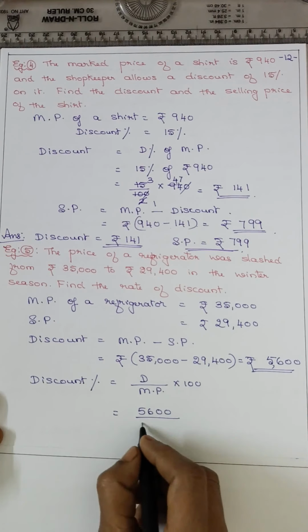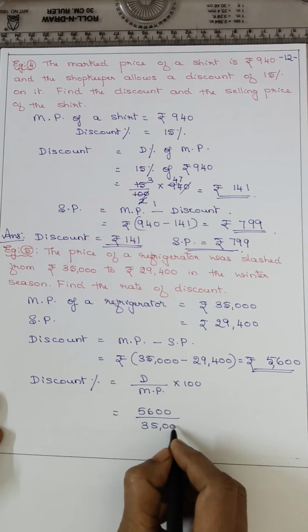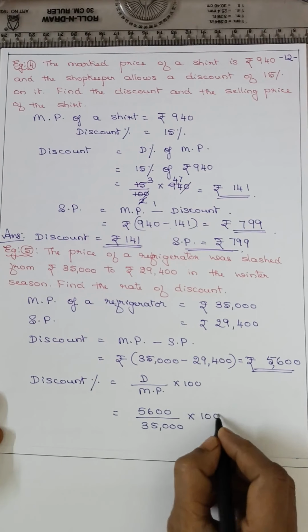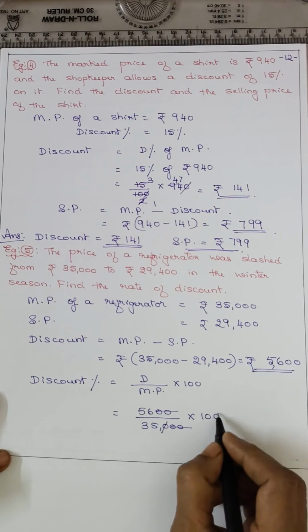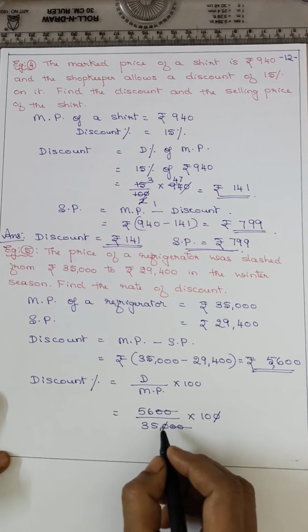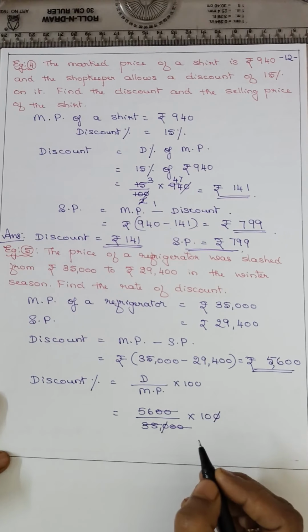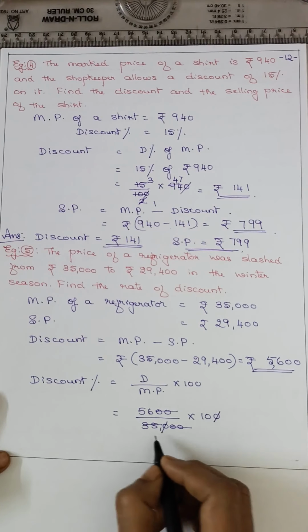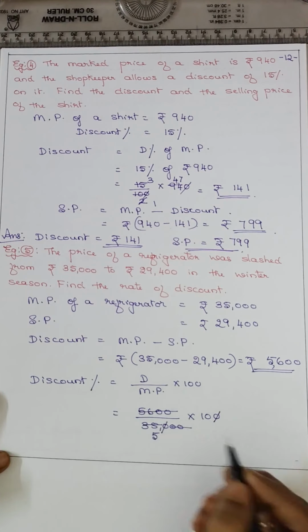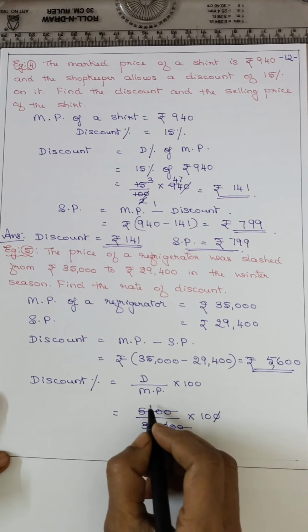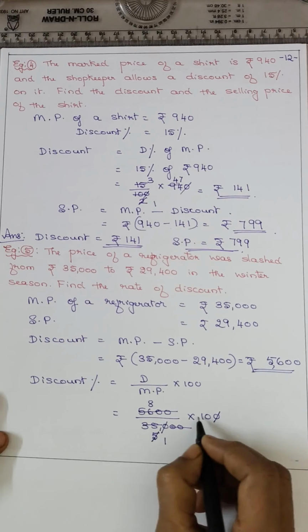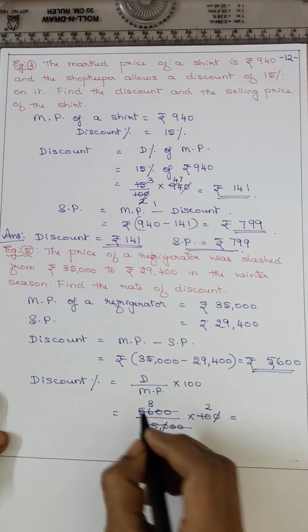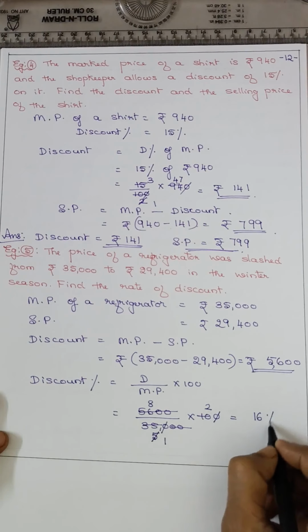What is it? 35,000 into 100. 20 20 cut. 10 10 cut. 7 5 7. How much? 7 8 56. 5 1 5 2 8 2 16%.